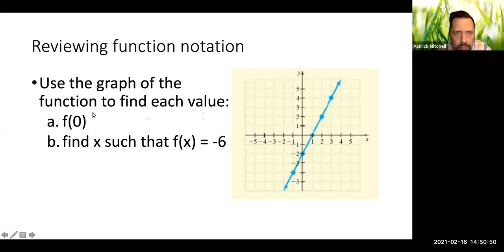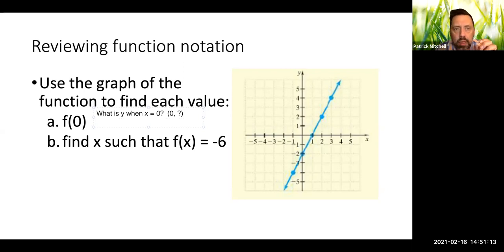Okay, here we go. So that's asking what is y when x equals 0? So when you're determining that information from a graph, you need to find the point where x is 0. In other words, find a point of the form 0, comma, something.